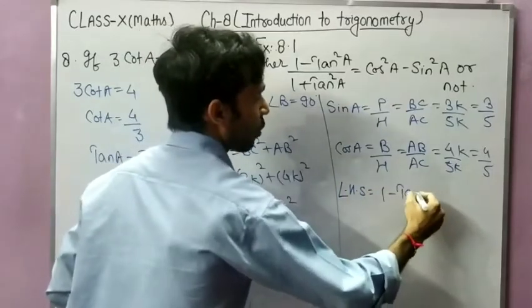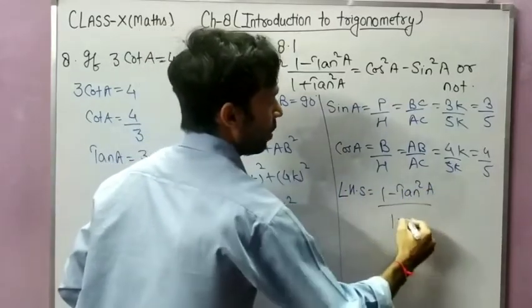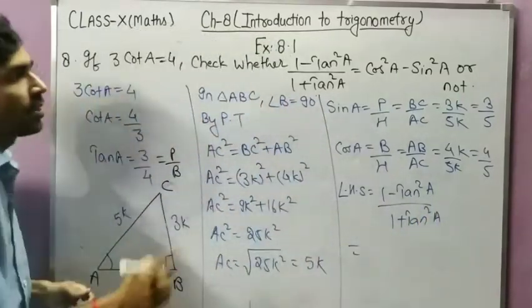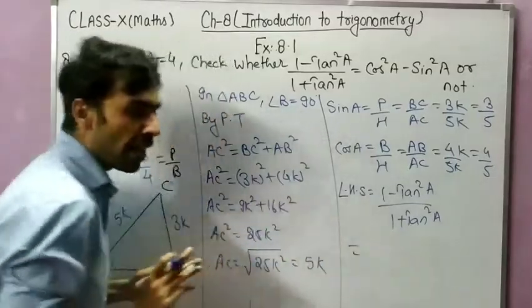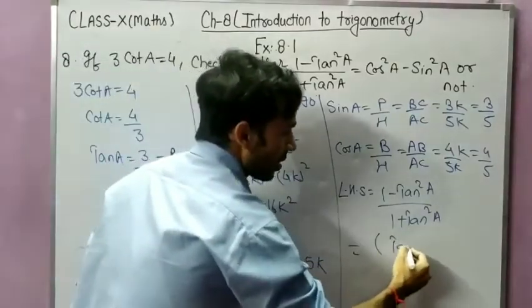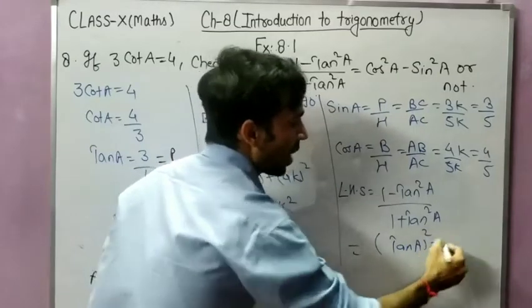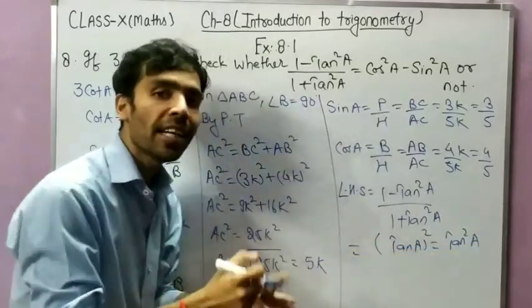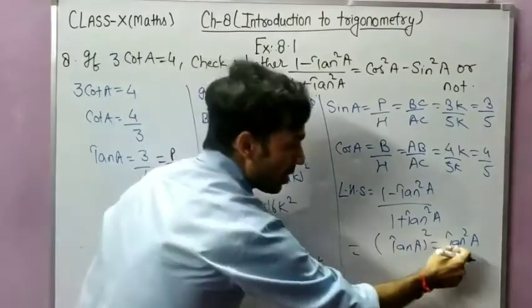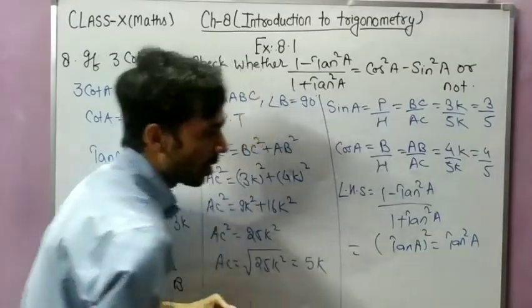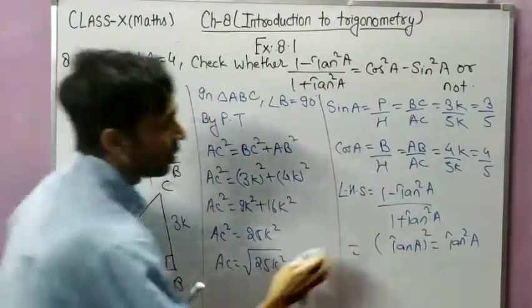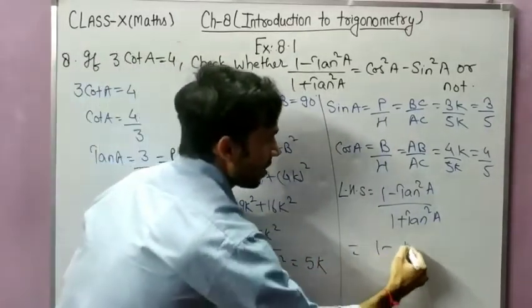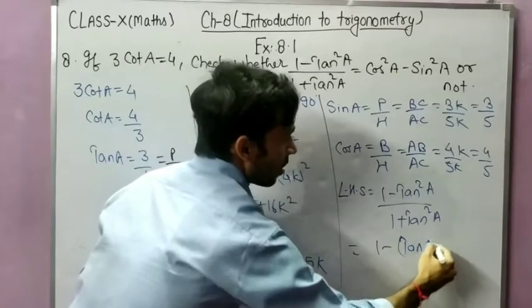1 minus tan square A upon 1 plus tan square A. Okay. Now put the value of tan A. See, student, one thing I want to tell you, tan square A can be written as tan A का square. ठीक है, अगर ऐसे लिखा है तो इसका मतलब क्या हुआ? tan A का स्क्वायर. So you should not get confused by this. So you can also write it as 1 minus tan A का स्क्वायर upon 1 plus tan A का स्क्वायर.